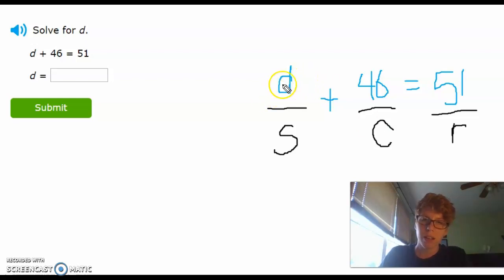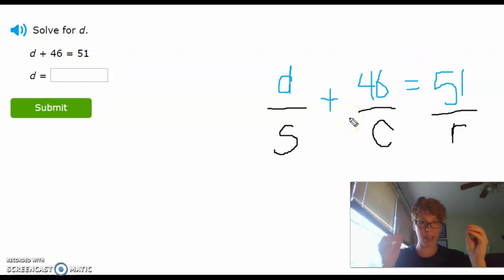Well, can we ask ourselves, what plus 46 equals 51? If I have a number and I added 46 to it, and then I got 51, what number did I start with? Well, the opposite of addition is subtraction, isn't it, friends? Can we subtract 46 from 51? See, this is where there is that gap in math.